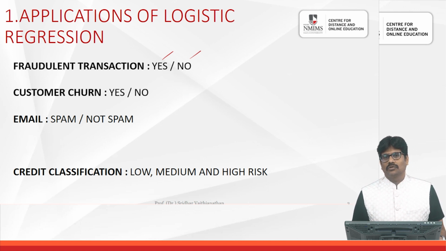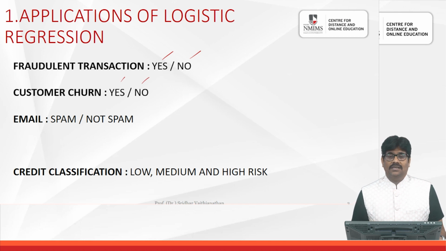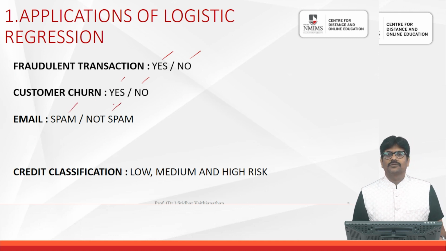Similarly, particularly in the telecom sector, people want to know when the customer will churn, that is, when the customer will stop using their service and move on to another service: customer churn, yes or no. And if I want to understand as a network manager whether the email coming in is a spam email or not, that can be analyzed using logistic regression, that is, spam or not spam.